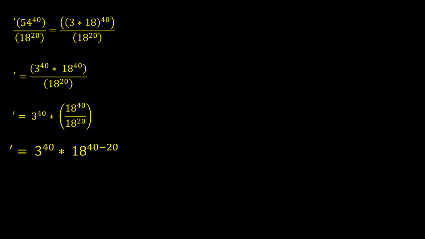Using the quotient rule for exponents, we subtract the powers of 18, resulting in 3 to the power of 40 times 18 to the power of 40 minus 20. Simplifying the exponent, we get 3 to the power of 40 times 18 to the power of 20.